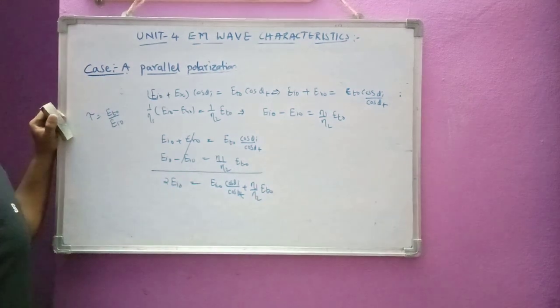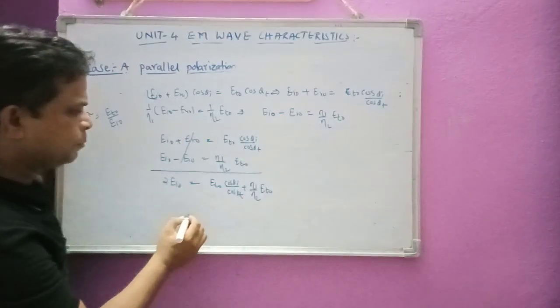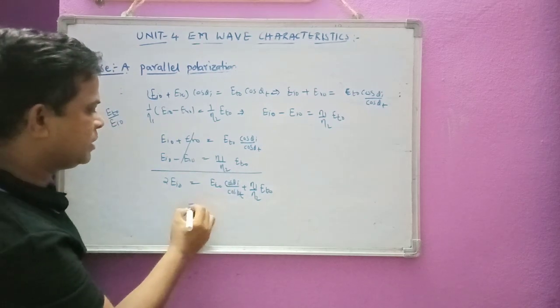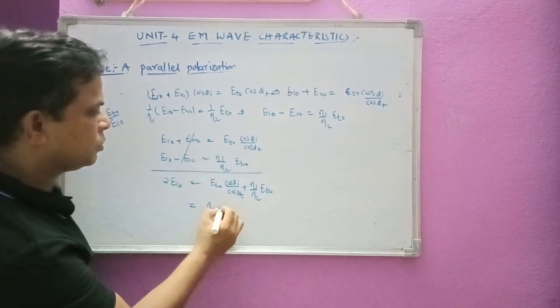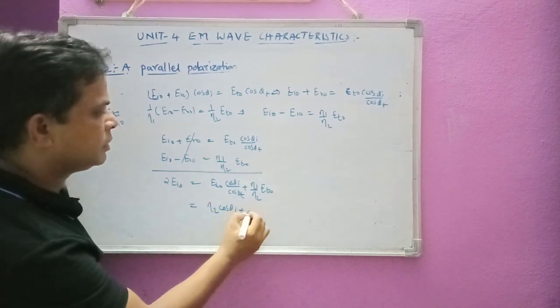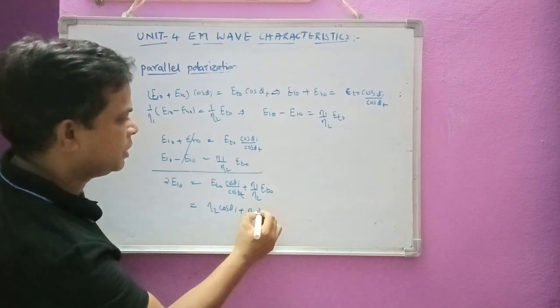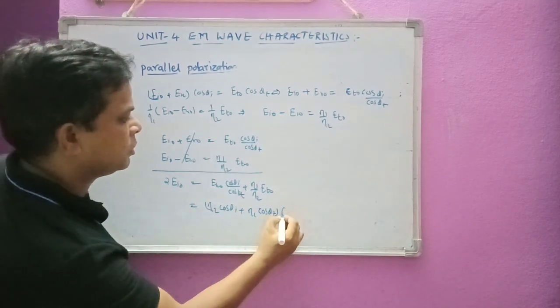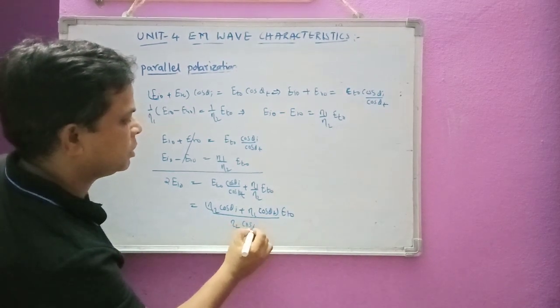Now if I cross multiply, I get the final form by taking the LCM: eta 2 cos theta I plus eta 1 cos theta t, into ET0, by eta 2 into cos theta t.